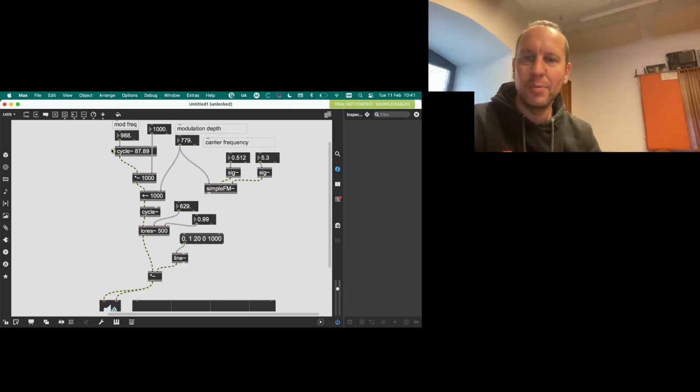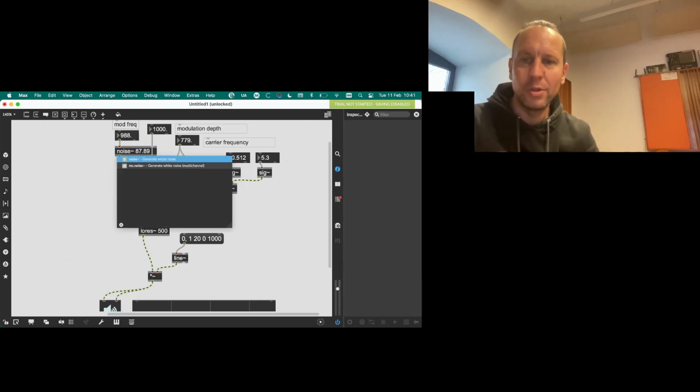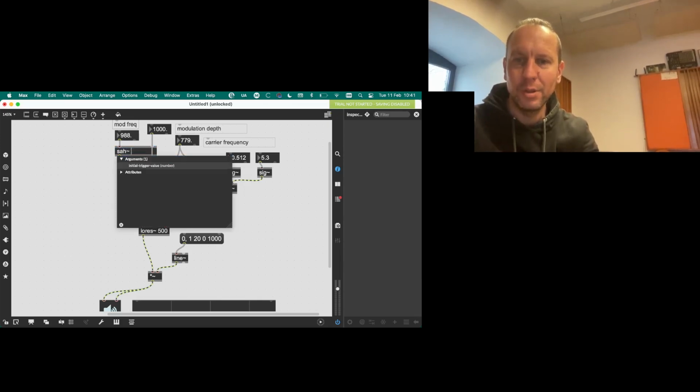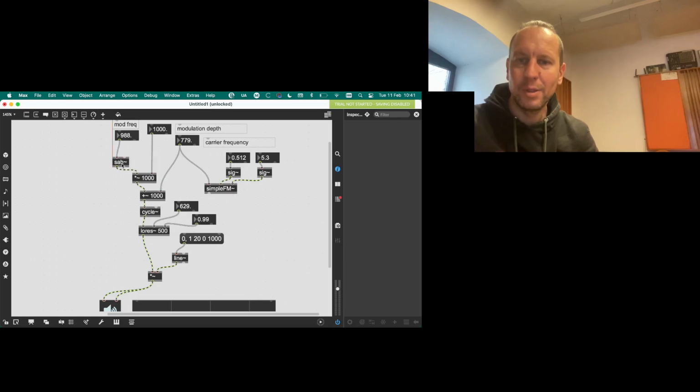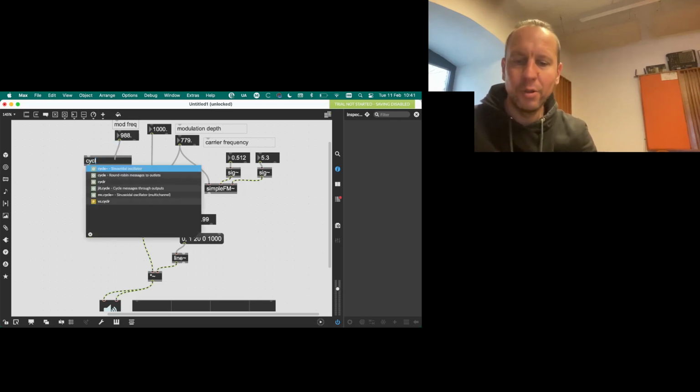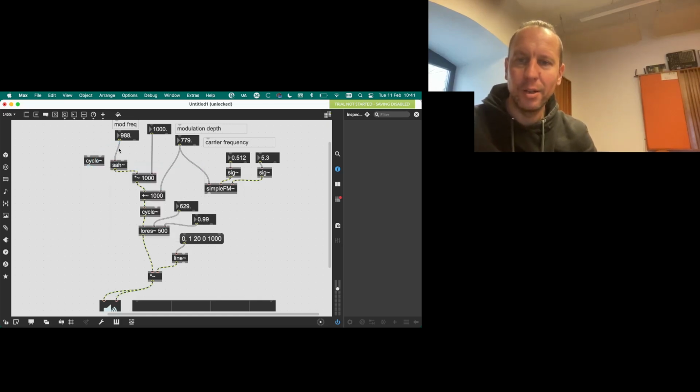This means I don't have a cycle here anymore. I have a noise. In fact, I have a sample and hold, which takes this frequency. So the sample and hold becomes my modulator. This becomes the actual triggering frequency. So I need a sine oscillator.